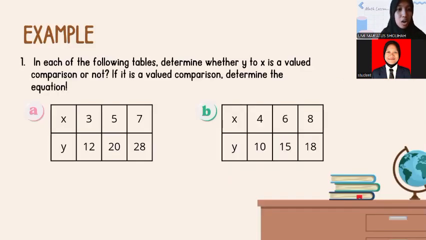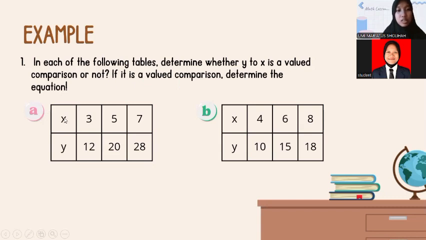Now, example number 1. In each of the following tables, determine whether y to x is a value comparison or not. If it is a value comparison, determine the equation. Okay.